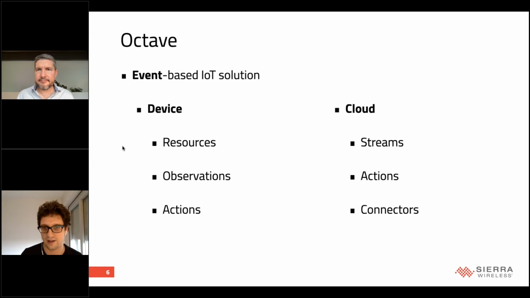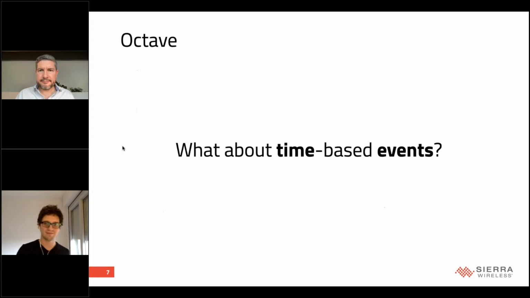And on the cloud, again, we have streams that capture these events and then send them to actions eventually to transform them, and then also to connectors in order to send them to cloud services. But that's mainly about data that is produced and that happens because a sensor triggered it, or because we called some API on the cloud.